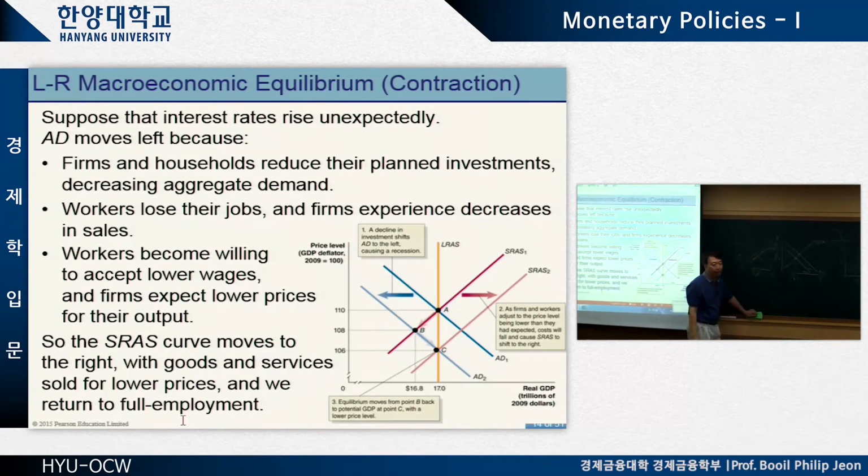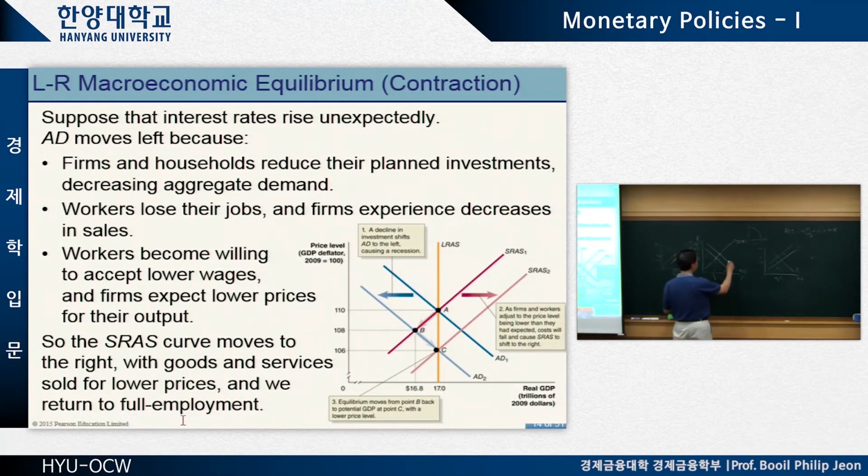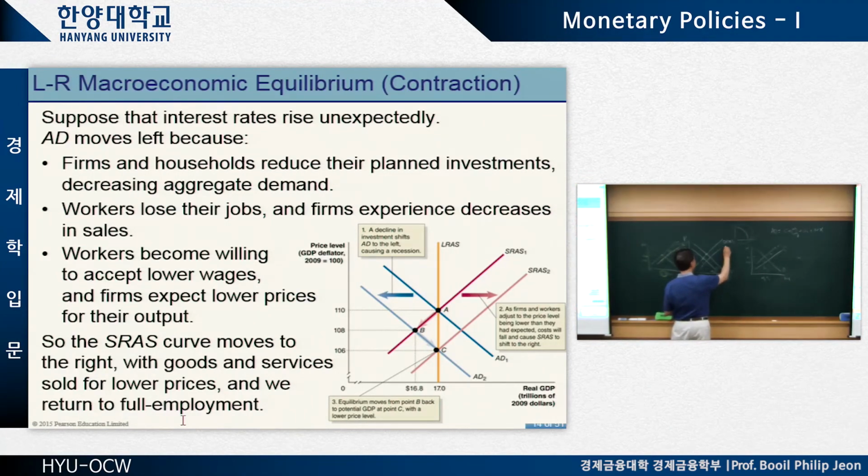Okay? When the labor supply increases, what is it going to do to the short-run aggregate supply curve? When the available amount of resources increases, what happens to the short-run aggregate supply? It's going to increase, right? It's going to shift to the right.